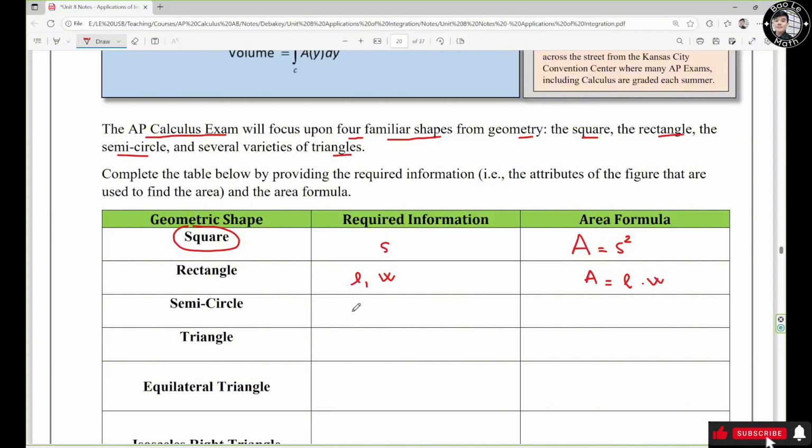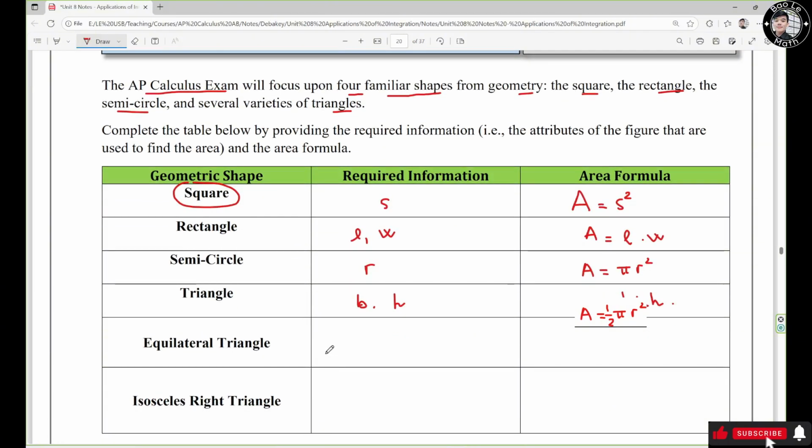For the semicircle, you need the radius, then the area is pi r squared over 2. Now the triangle, you need base and height, then the area is 1/2 base times height.